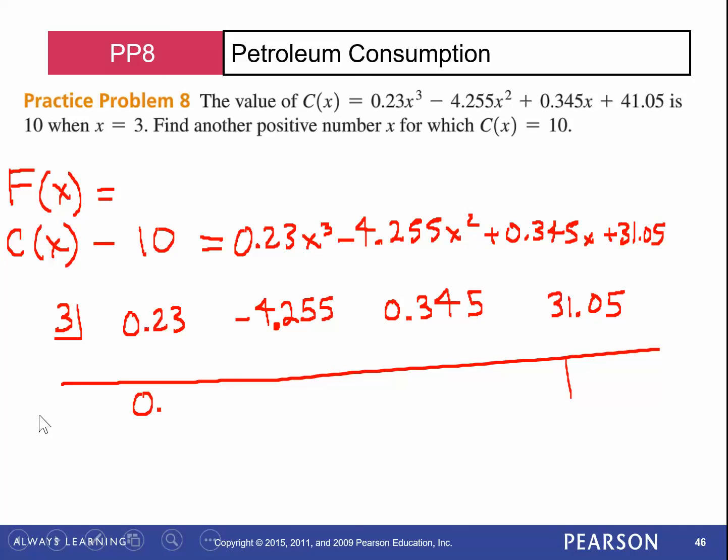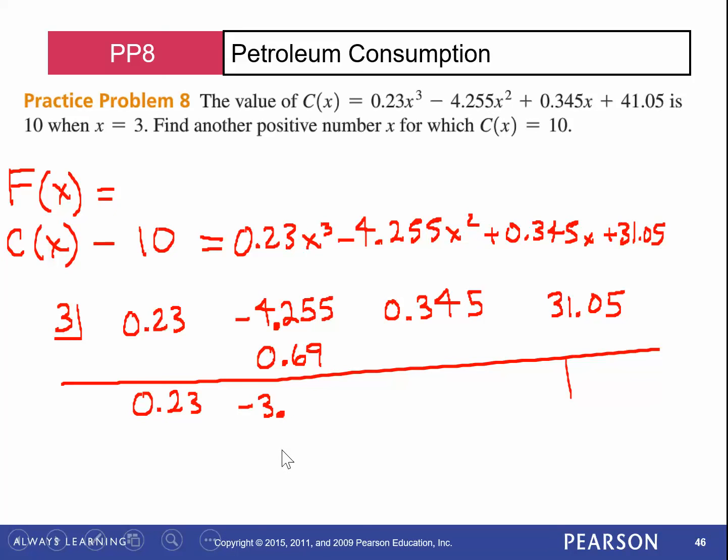All right, writing it down, let's see, 0.23 multiplied by 3, and lots of good decimal work here. I'm going to let you guys finish it up. Finish off this, because this is going to give us our quotient right here.